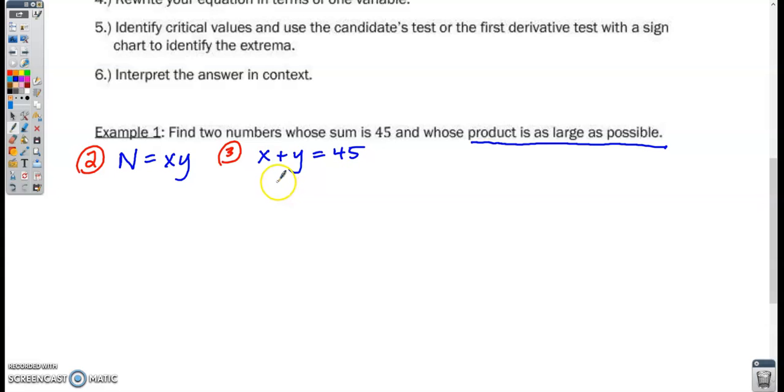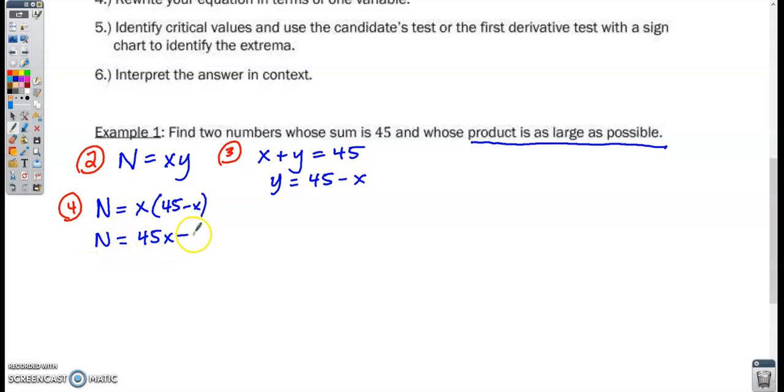So I'm going to solve this constraint for one of the variables, and then in step 4 substitute that into my expression for N. So we're going to replace y with 45 minus x, and therefore the number that I'm trying to optimize is N equals 45x minus x squared. There's my equation in terms of one variable.